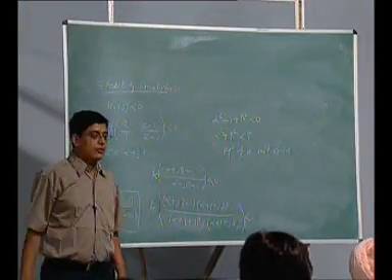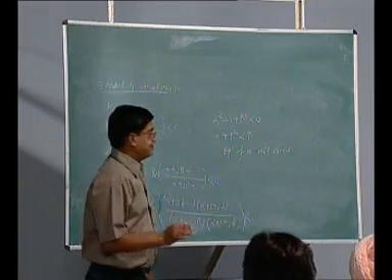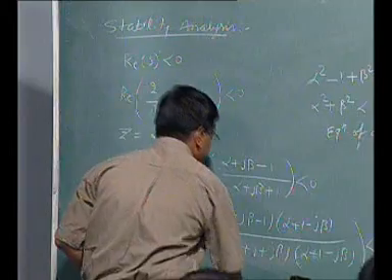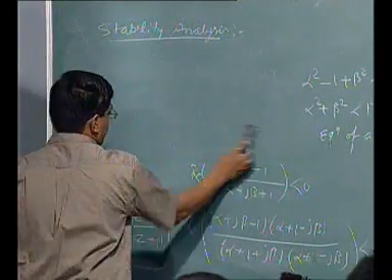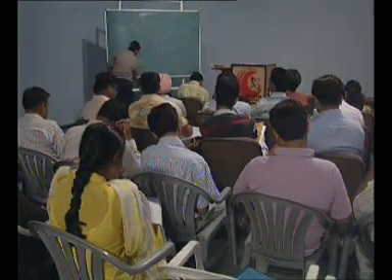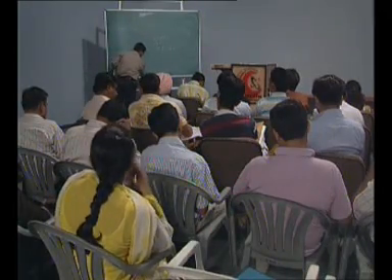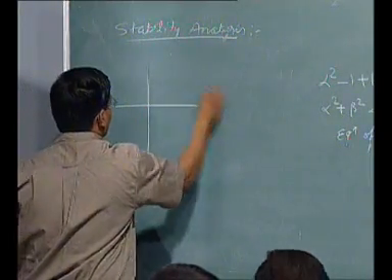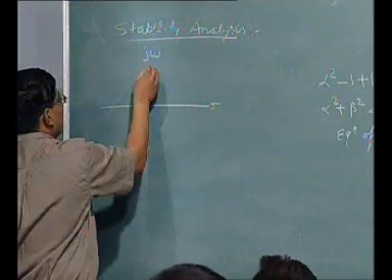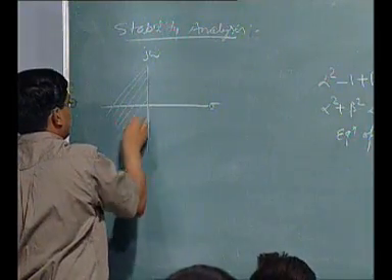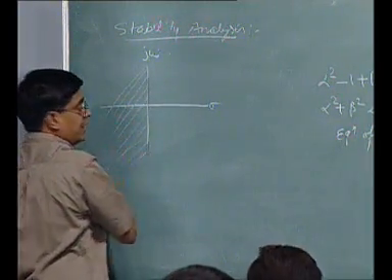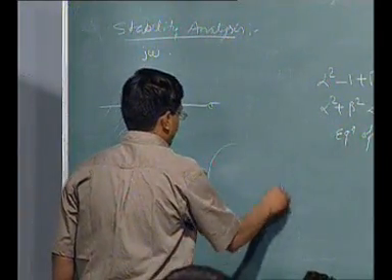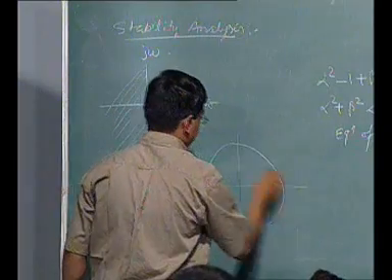Now what is the conclusion from the stability analysis? In the bilinear transformation, if we map the S plane into the Z plane, the whole left hand side including the imaginary axis is mapped completely into the unit circle.